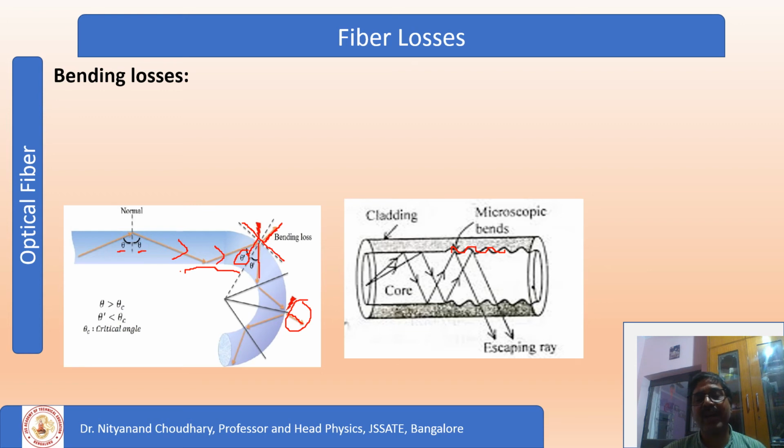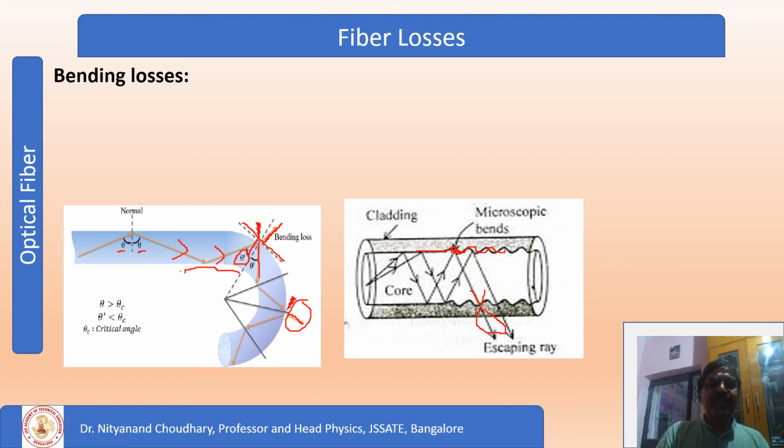The moment we get a change in the structure, it does not remain a straight line, right? So if it does not remain a straight line, the light here may not strictly follow your critical angle, and then it may not have total internal reflection. So after coming here it may not get reflected back, and it will come out of the fiber, and therefore again you will have loss, right?